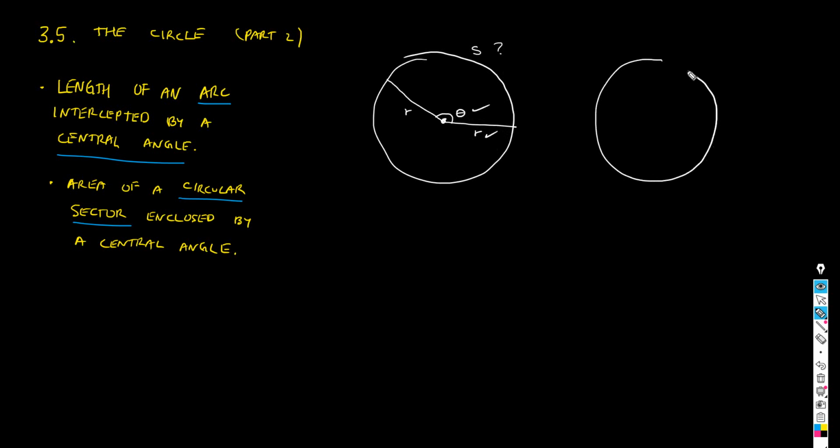I'm gonna use the theorem that we used last class, and in here I'm gonna draw a radian. So this is the radius. This is 1 radian. And if this is 1 radian, then by definition, the length of this arc should also be equal to the radius. Okay, fine.